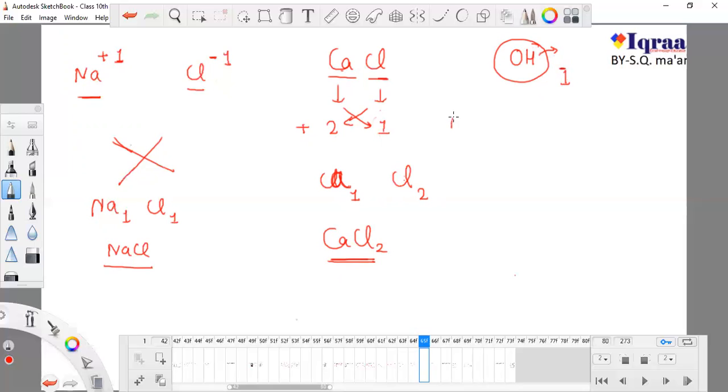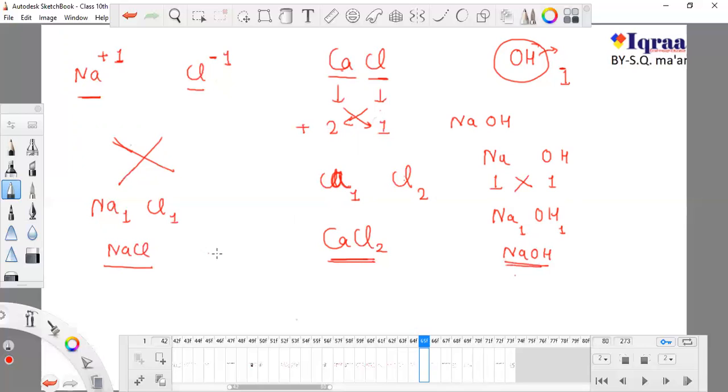Okay, so if I use sodium hydroxide, I will write sodium and hydroxide. The valency of sodium is 1 and valency of hydroxide is 1. I will cross them and exchange their valency. So sodium will have 1 valency and hydroxide will have 1 valency. So I can write NaOH.